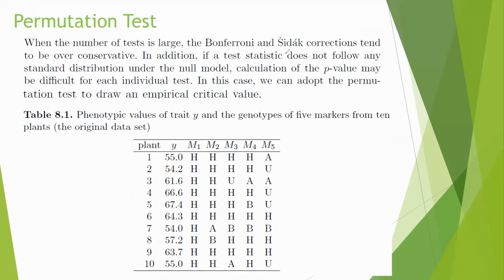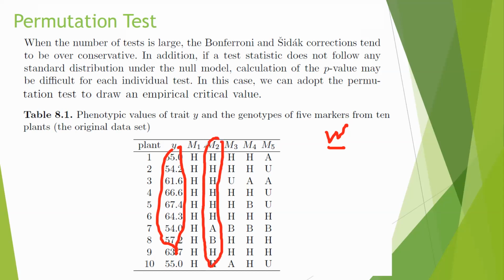Okay, now this is the original test statistic. If you randomize the data to disrupt the association between the phenotype and the marker, and then redo the test with the randomized data, you're going to get a new test statistic, right?